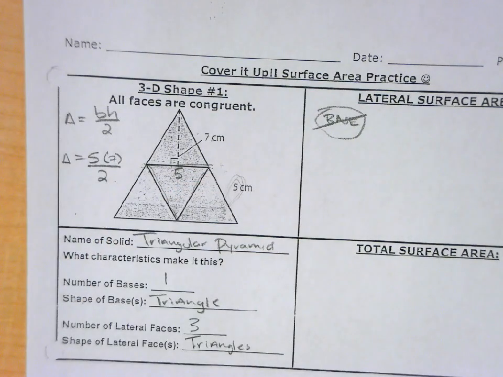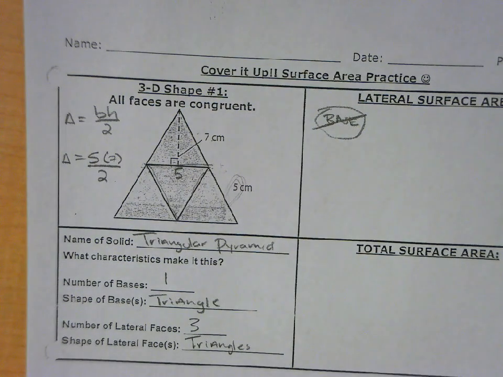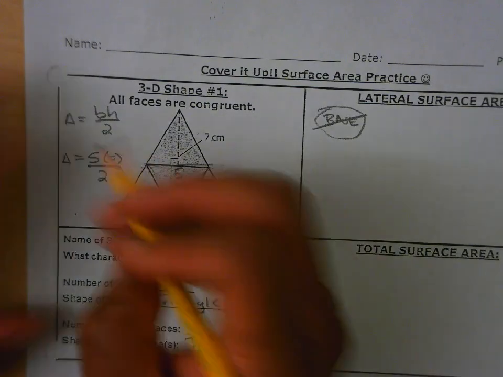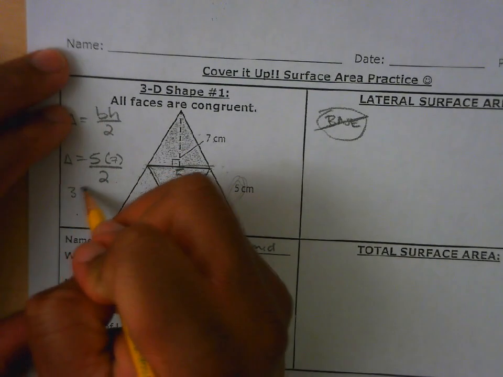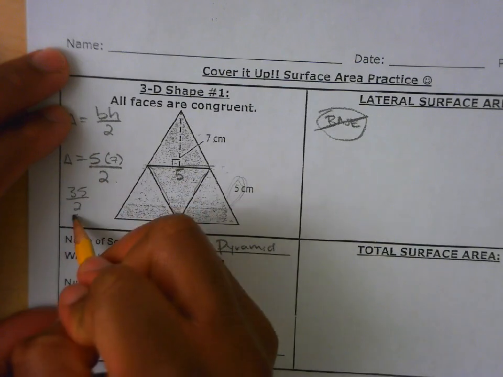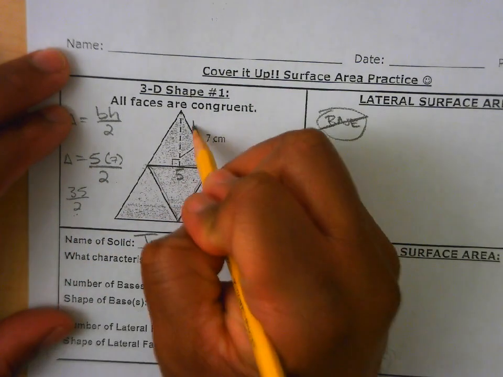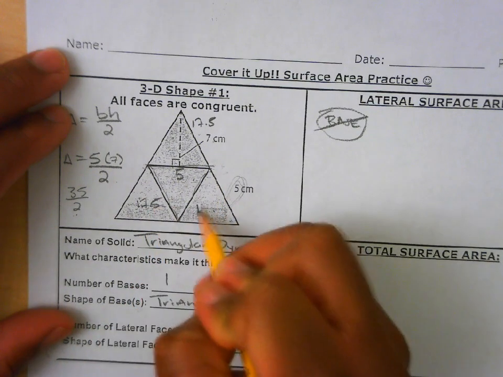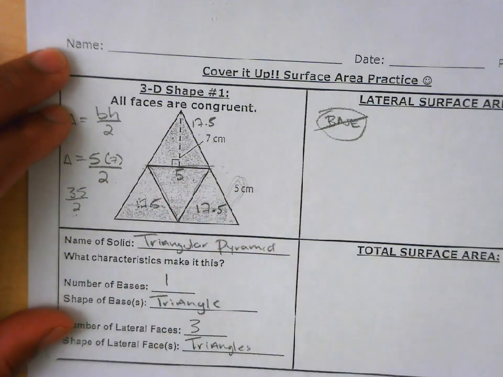So 5 times 7 is 35, then we do 35 divided by 2, and that gives us 17.5. So all these triangles are 17.5.